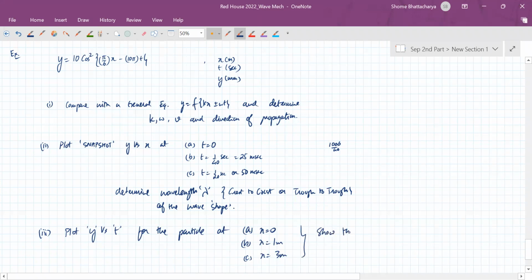Show that any particle oscillates. Okay. Find time period, amplitude, and frequency of oscillations. Okay, so there's a bit of simple harmonic motion also thrown into this question. Okay, as you do it, you will realize.